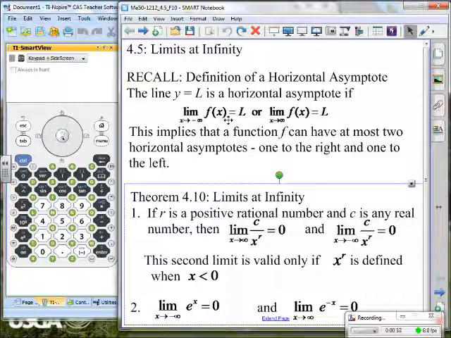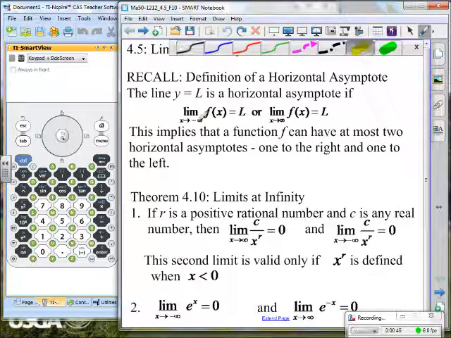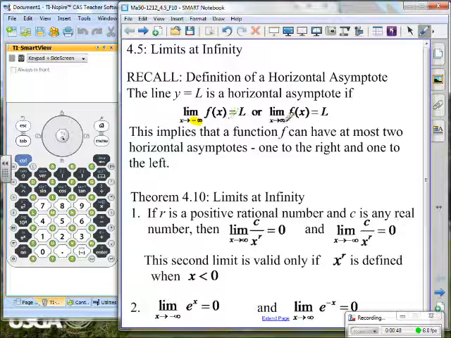Back in chapter 2, we were looking at limits where maybe the outputs went to infinity. Here, our inputs are going to be going to infinity or negative infinity. That's how this is different.